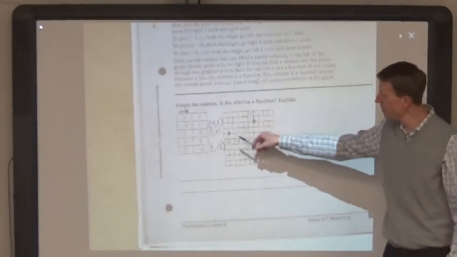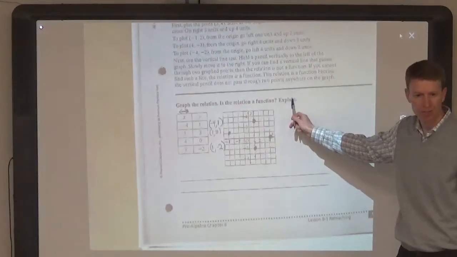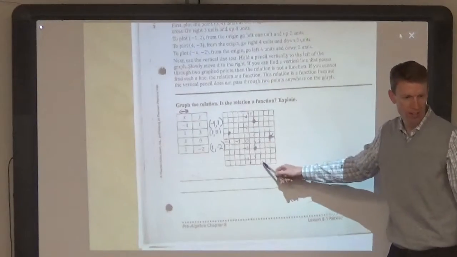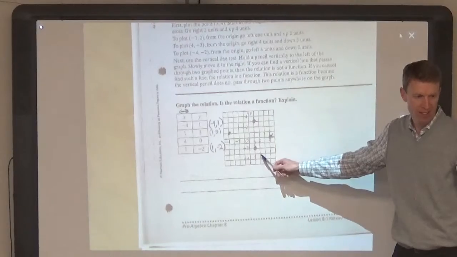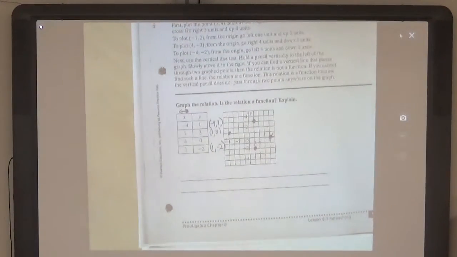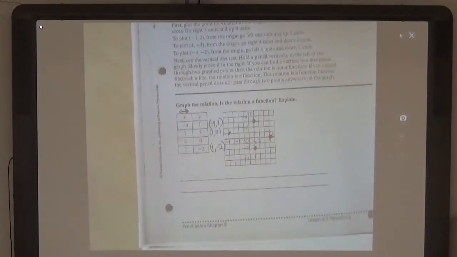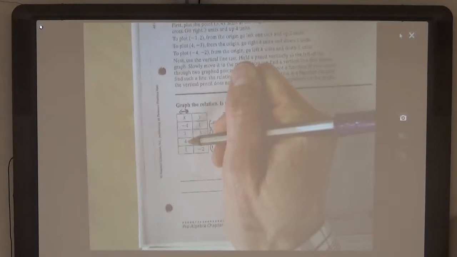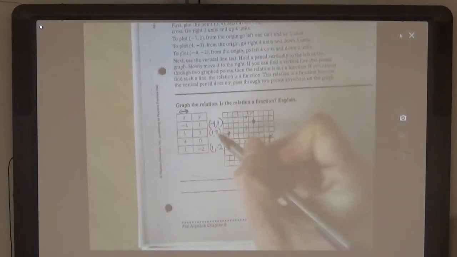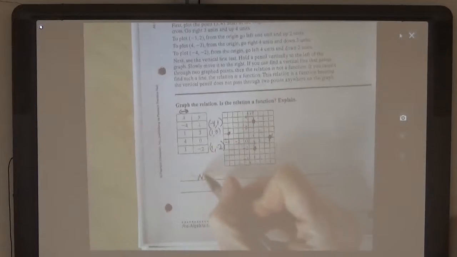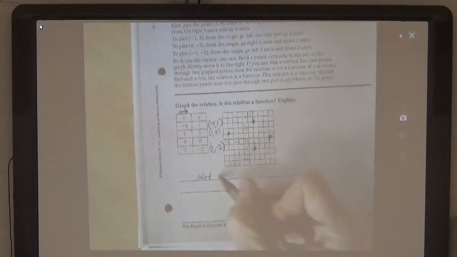So there's two ways to tell if this is a function. Is this relation a function? No. Look, this shows it's not a function, and the fact that the number 1 in the domain has more than one value. It has 3 and it has -2. So this is not a function, right? Not a function.